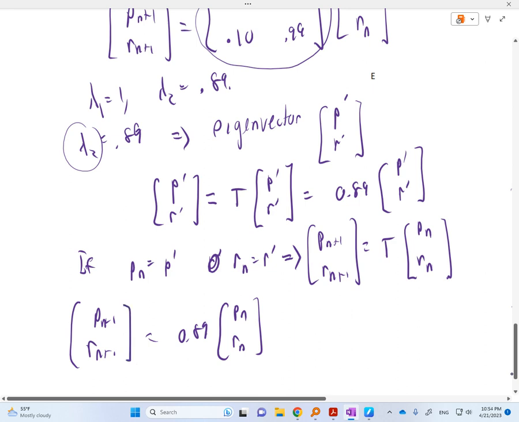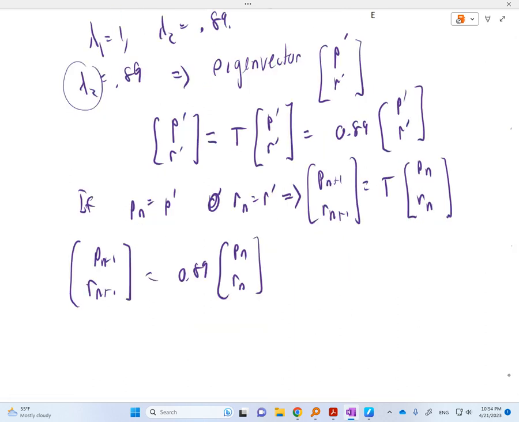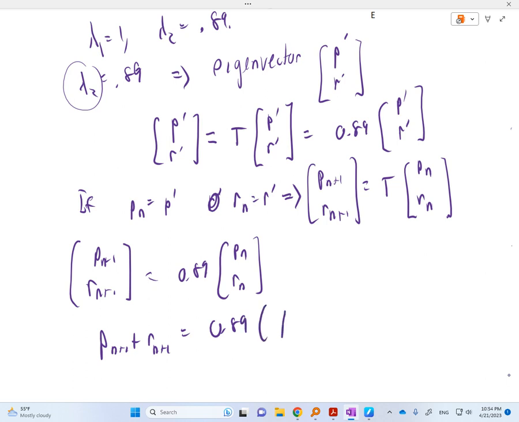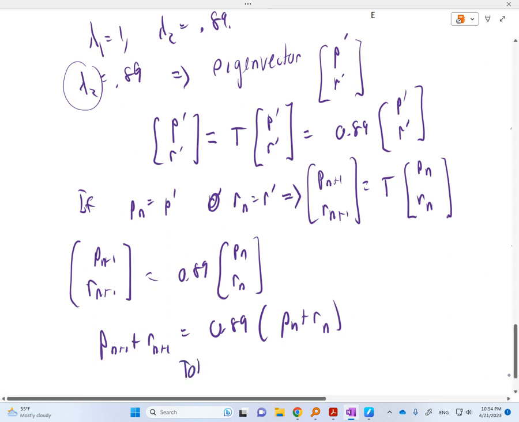Now, suppose I take the sum of the components on both sides. That tells me that P_{n+1} plus R_{n+1} is equal to 0.89 times P_n plus R_n. Now, what does that tell me? The total population has decreased by 11%.